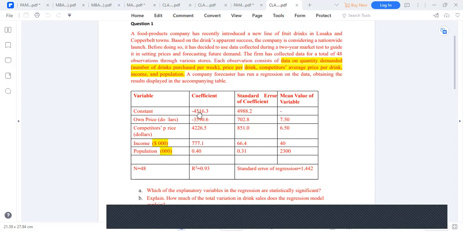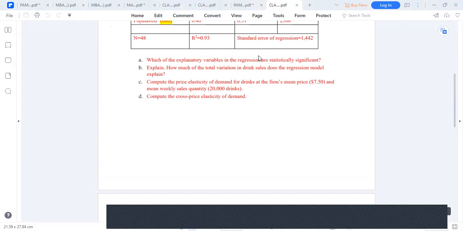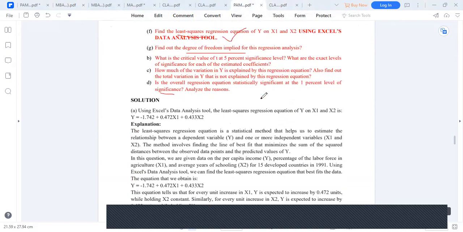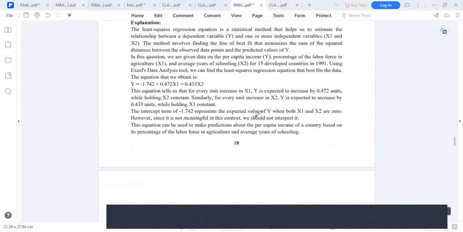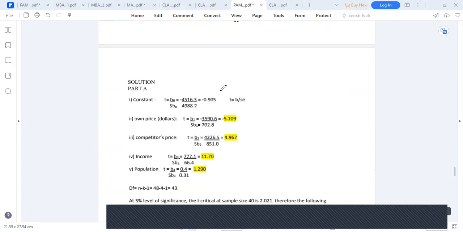So we first divided this by that. Let me use the pamphlet so that I'm quick on the figures that were calculated. When you divide this by that, this by that, this by that, these are the figures we're getting here.